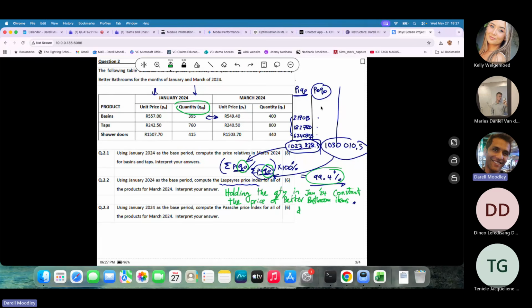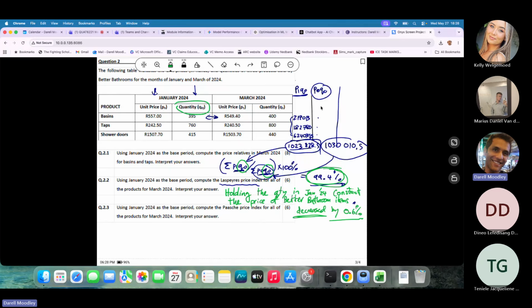And by whatever this is less than 100 by, you can just subtract 100 from it, and that's the percent that you would have. In this one, it's easy to see. It's a decrease by 0.6%. You don't have to say decrease by negative 0.6. The fact that you mentioned decrease already signifies that it is a negative number. So this is how you would interpret it.